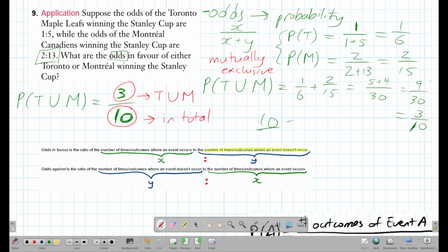Out of those 10 outcomes, 3 are where the Leafs or Canadiens win. So if I do 10 minus 3, I get 7. And 7 out of those 10 outcomes are where the Leafs or Canadiens don't win. So that is going to be my Y, and 3 is going to be my X.